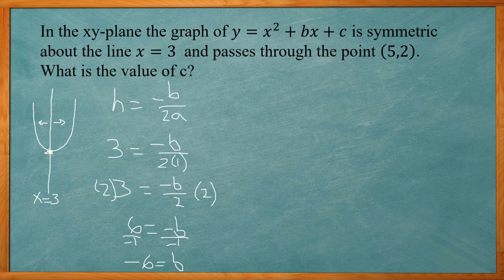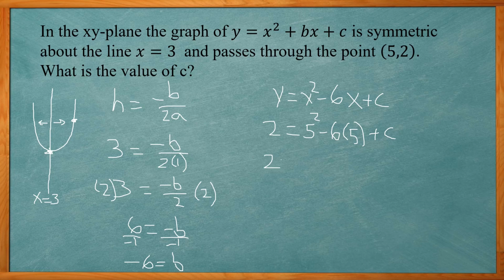So now that we know what the b is equal to, we can rewrite our equation. Y equals x squared minus 6x plus c. And we know that it goes through the point 5, 2. So somewhere here. So we can plug that in for our x and y values and figure out what c is equal to. Okay, so our y is 2. X is 5, so 5 squared minus 6 times 5 plus c.